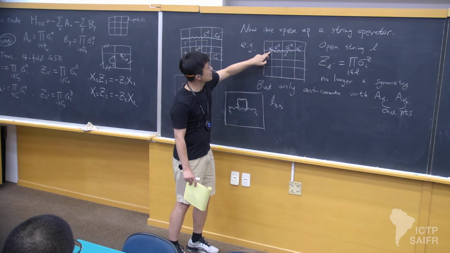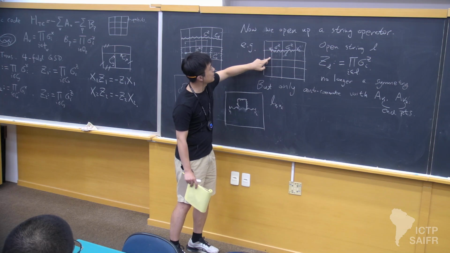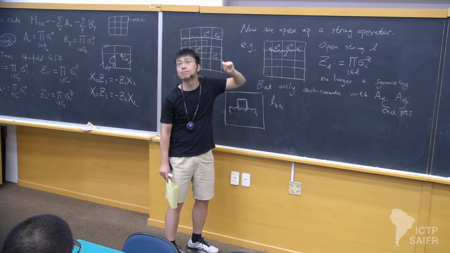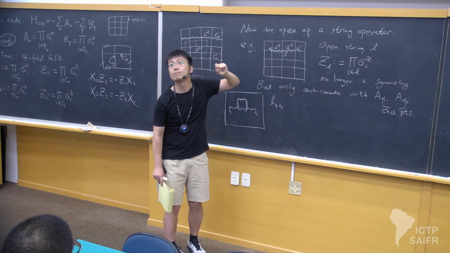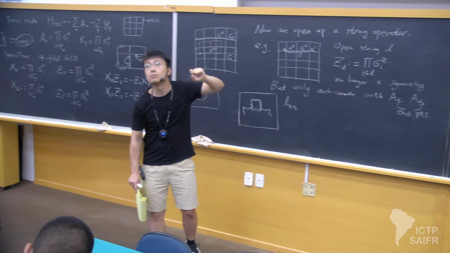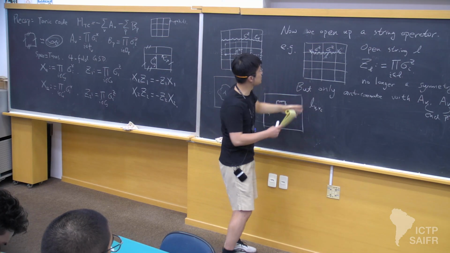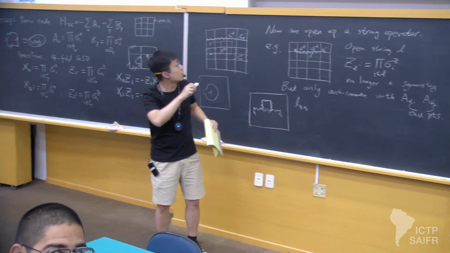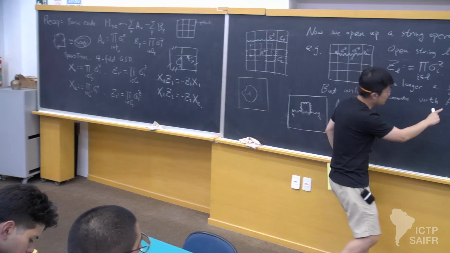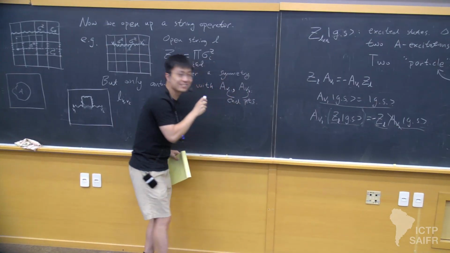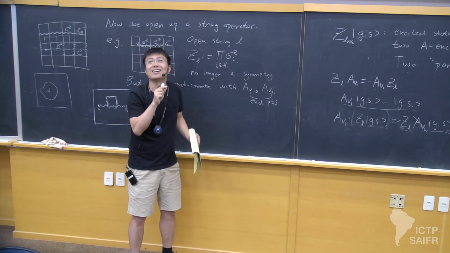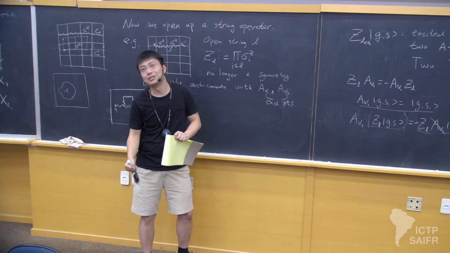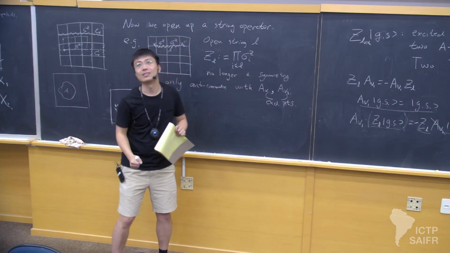Remember AV is like sigma x, sigma x, sigma x, sigma x. So here you have a sigma x that anti-commutes with the sigma Z. It anti-commutes with AV1 and it anti-commutes with AV2.